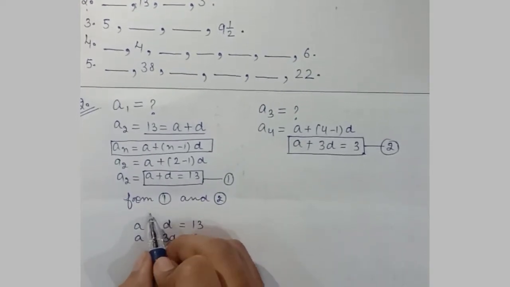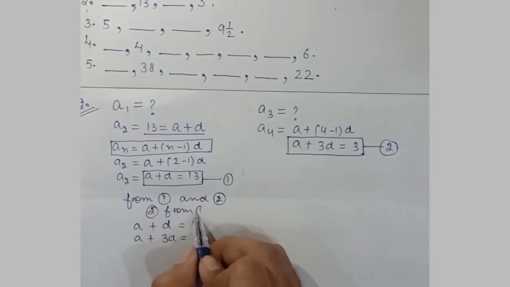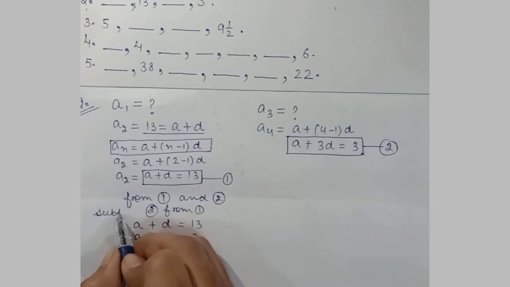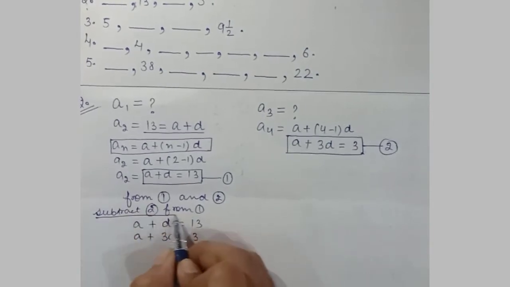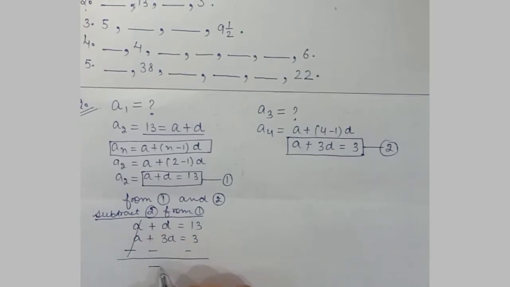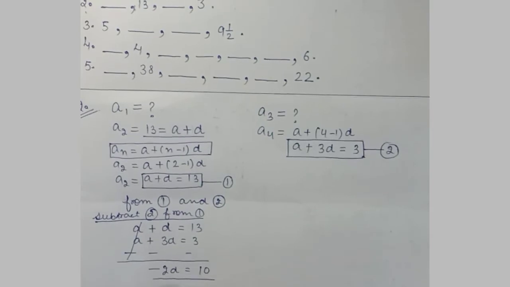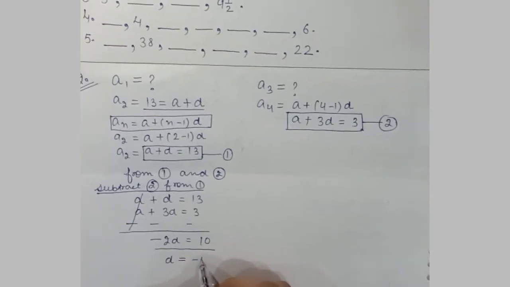When we subtract 1 from 2, we get minus 2d is equal to 10, or we can say d is equal to minus 5.